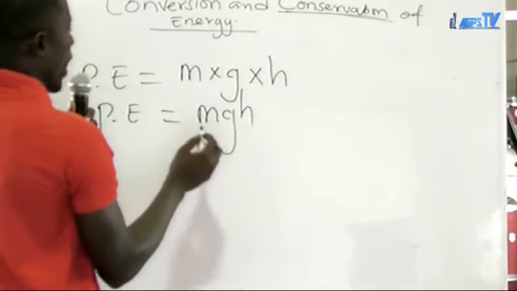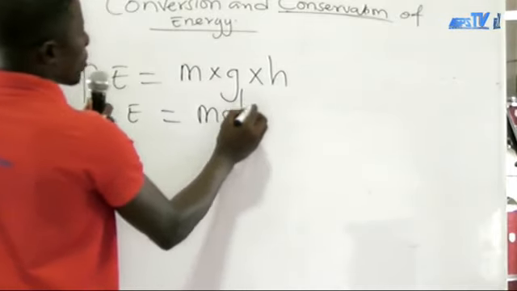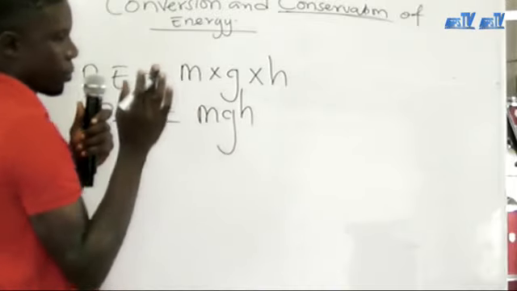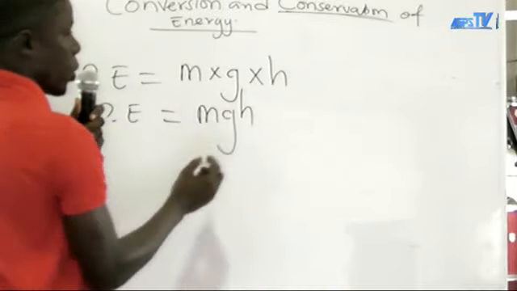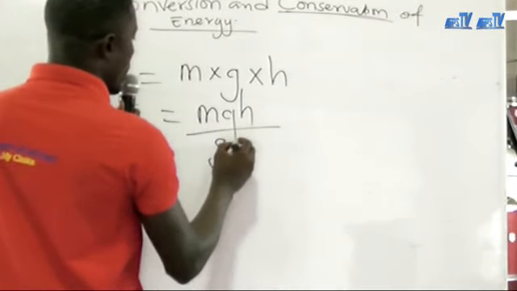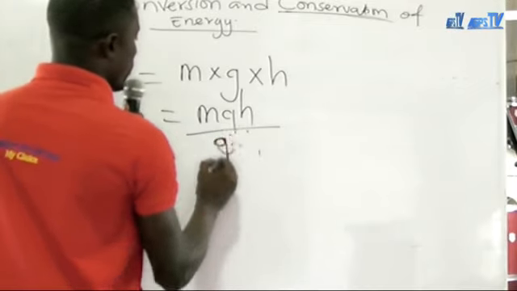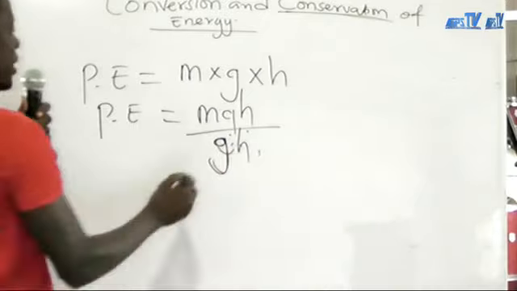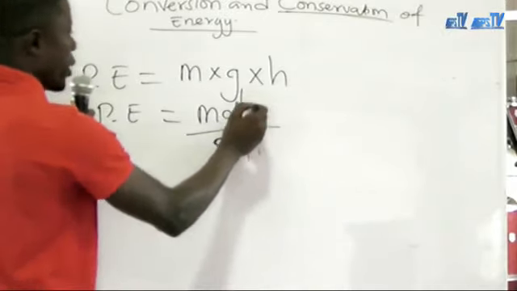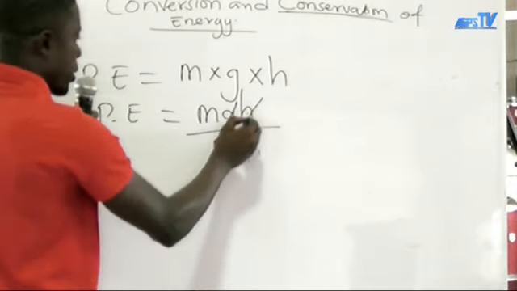So if I am told to find the mass, you have to divide both sides by gravity and the h, so that the m will stand alone. So here, you divide both sides by gravity times the h, so that this G will cancel this G, and this H will cancel this H.